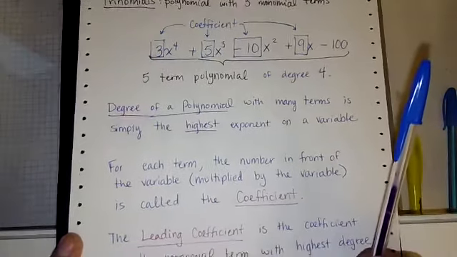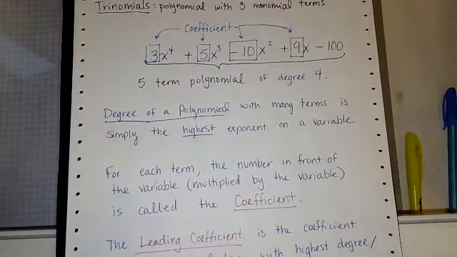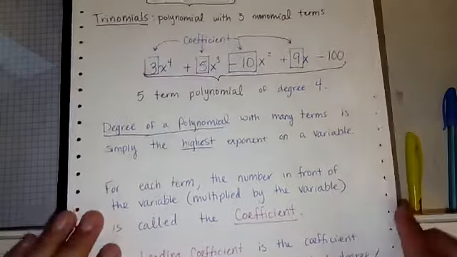Okay. And you're going to have a lot of questions in Hawks, well, actually not that many, but that ask you to classify the polynomial and then determine its degree and determine the leading coefficient. So let's look at some examples of that.